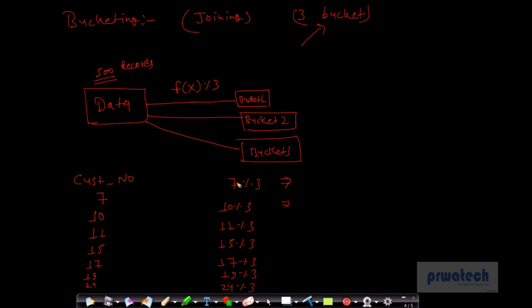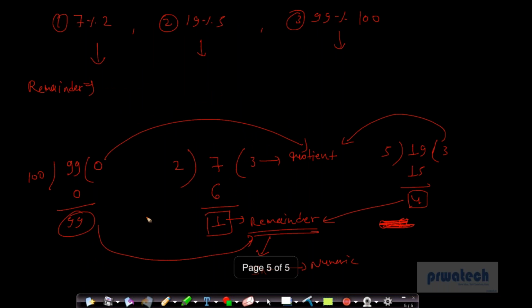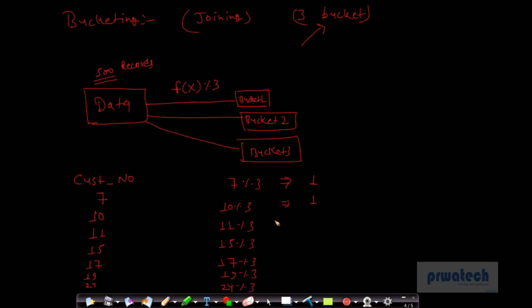If I divide 7 by 3, the remainder is 1: 3 into 2 is 6, 7 minus 6, 1 is the remainder. If I divide 10 by 3, 1 is the remainder: 3 goes 3 times, 10 minus 9, the remainder is 1. Same math I'm using. 3 divides 11: 3 into 3 is 9, 11 minus 9, 2. 15 is completely divisible: 3 into 5 is 15, 15 minus 15, 0.